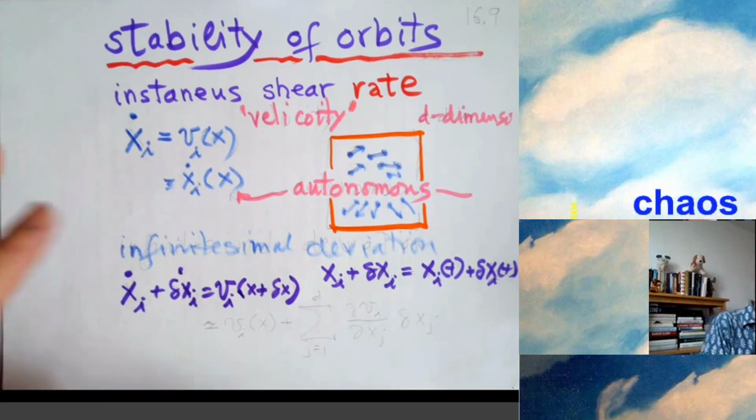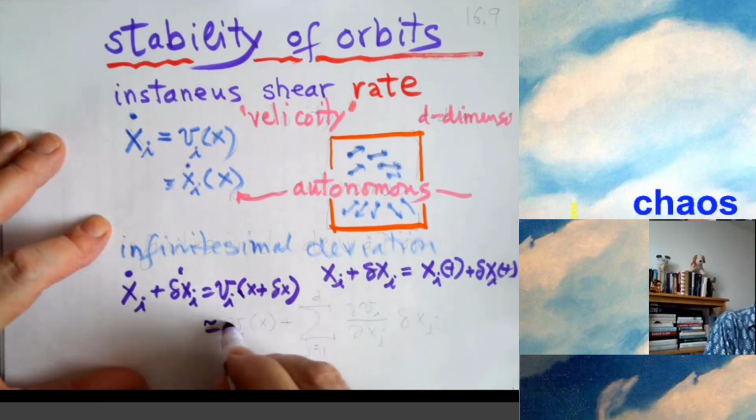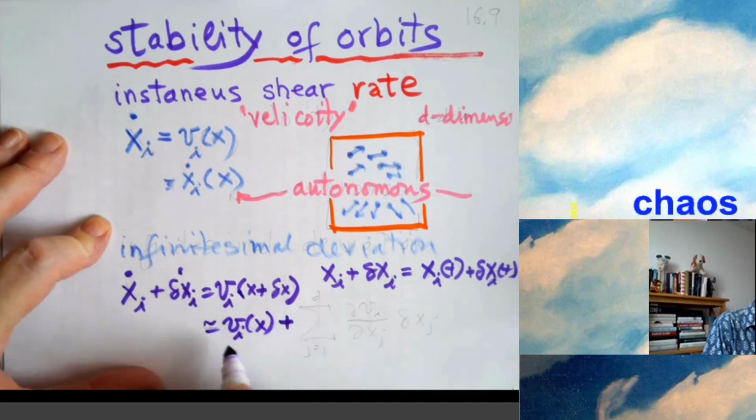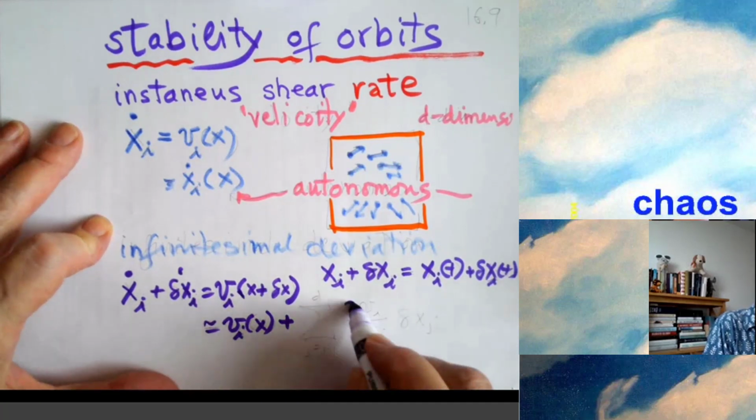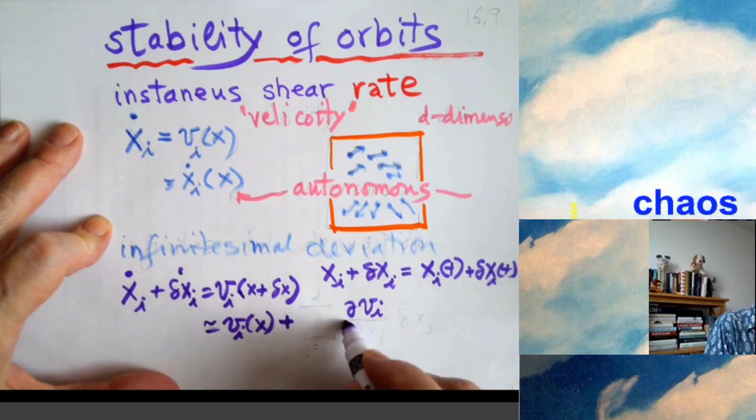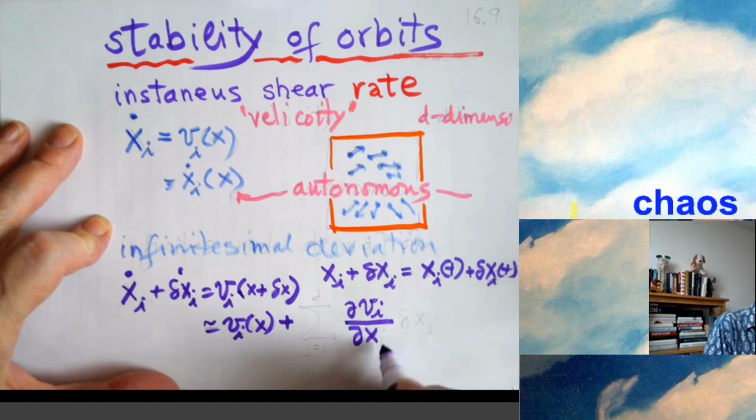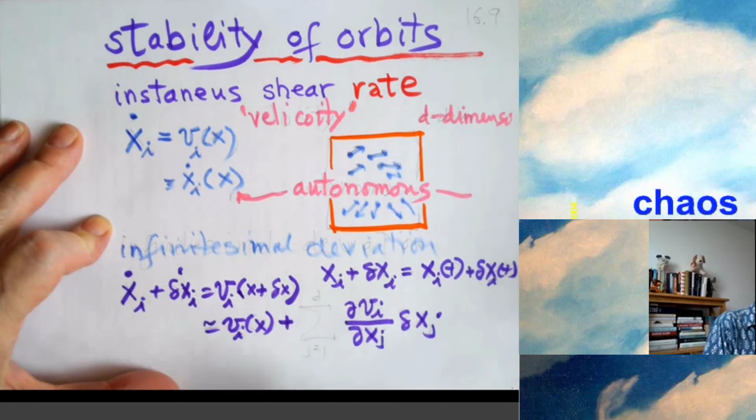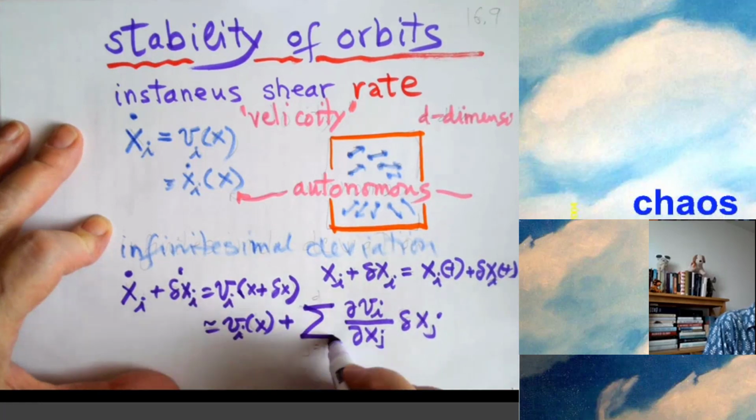Now this is infinitesimal, so I can take a Taylor expansion, first term, and then I can look at how this changes with respect to all the components of delta x_j. And then I have to sum over all of them.